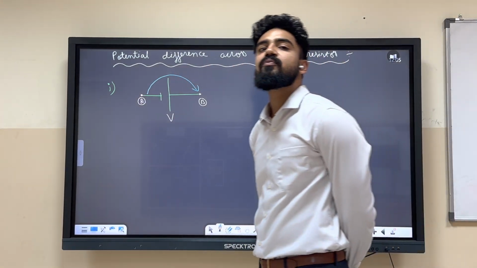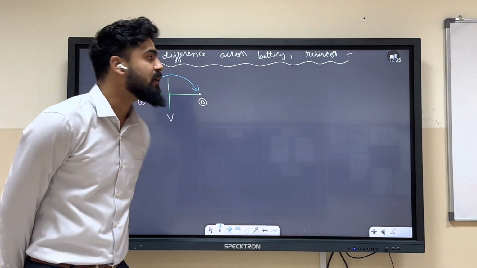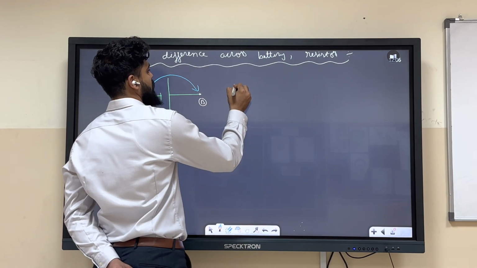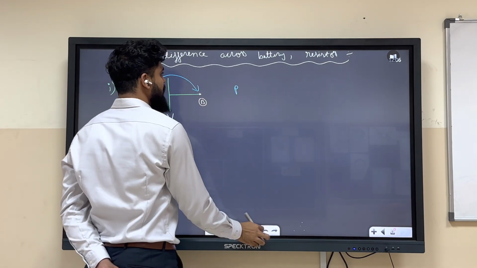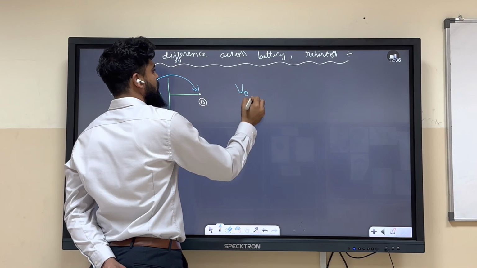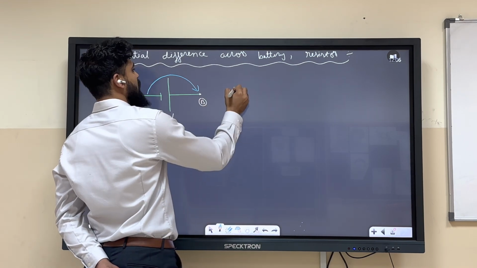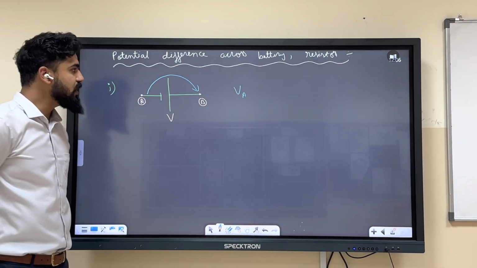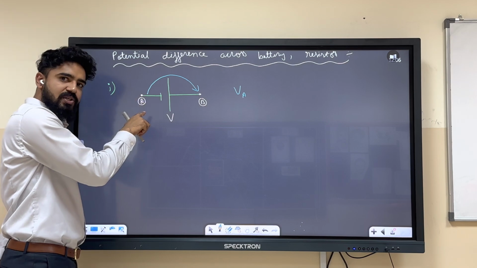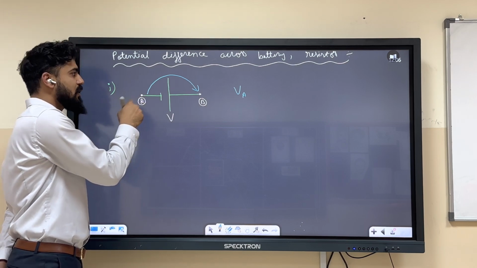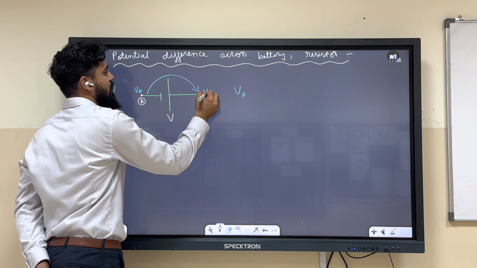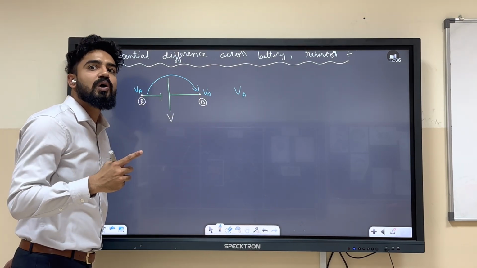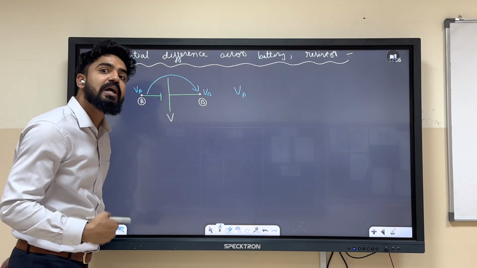So our potential will increase by a factor of V. Write it like this: VA was the potential of point A. When you cross like this, you are adding potential V to yourself.